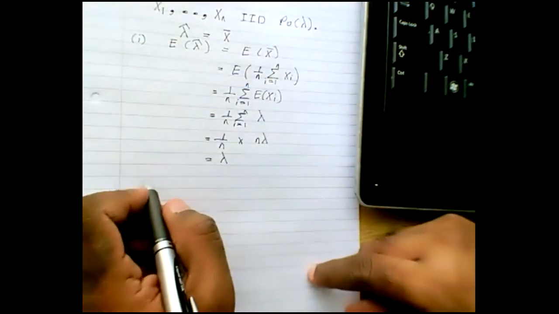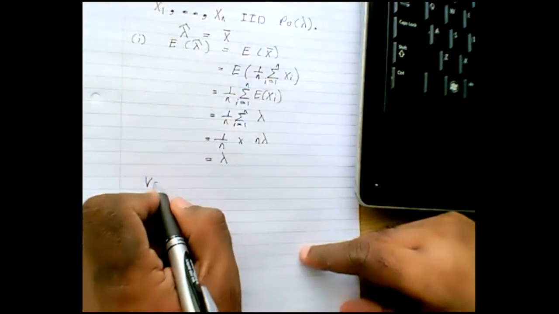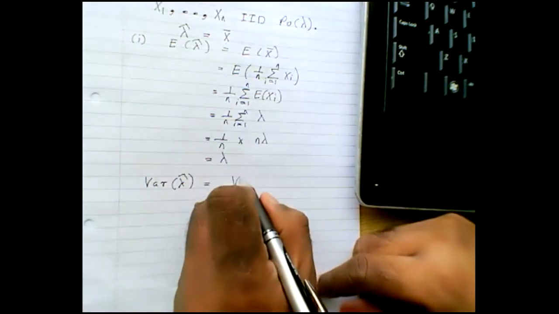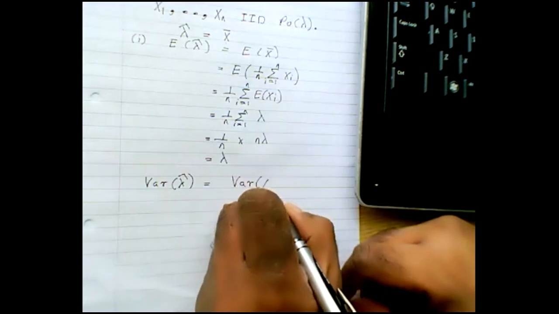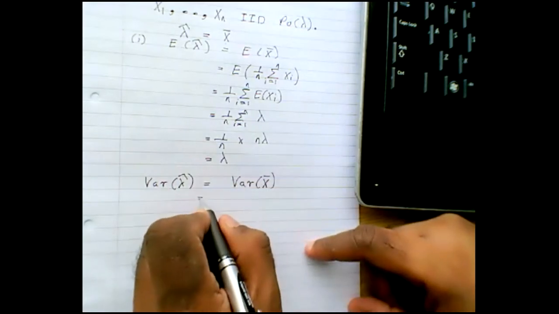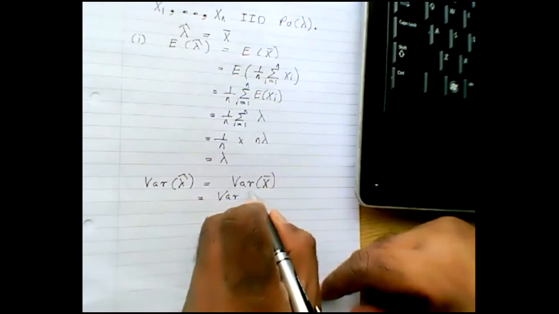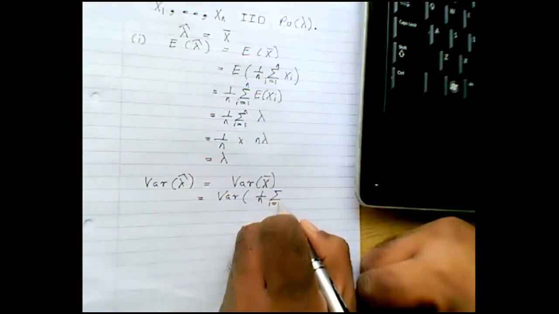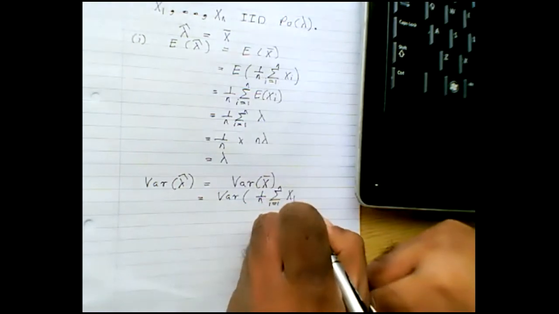Now to find the variance of lambda hat, you say this is the variance of x bar, which is the variance of this.